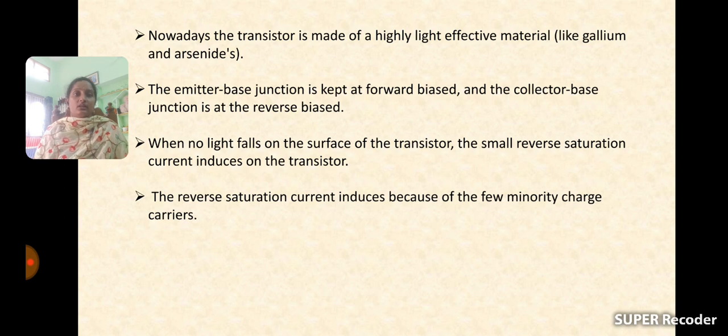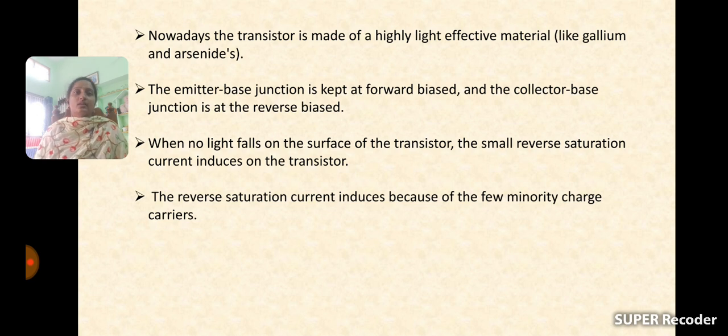The emitter base junction is always forward biased and the collector base junction always reverse biased. Then only the transistor operates in the active region.